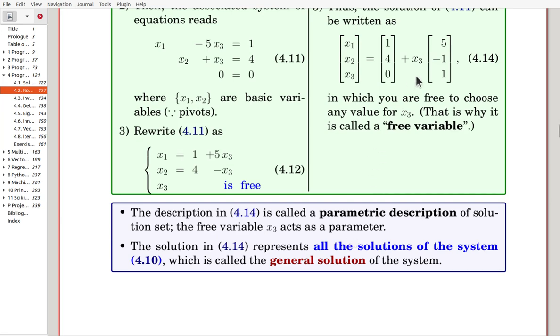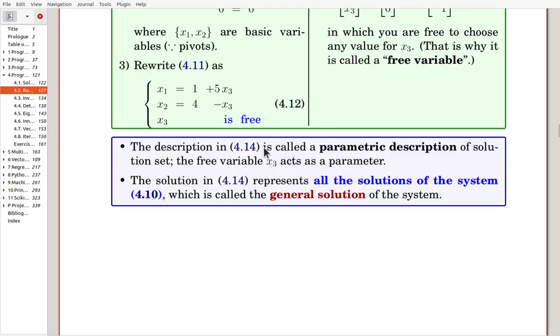You can choose it arbitrarily. The solution in the equation represents all the solutions of the system, so we call it the general solution of the given system.